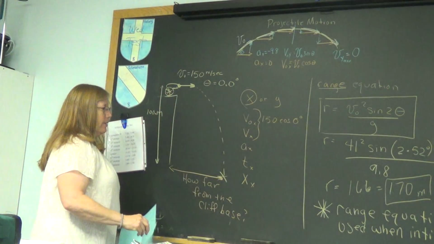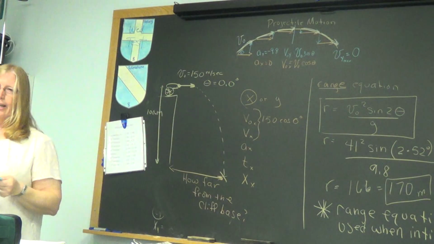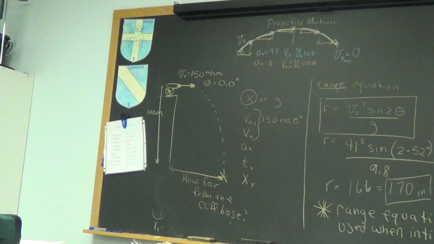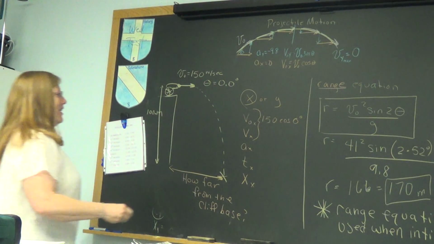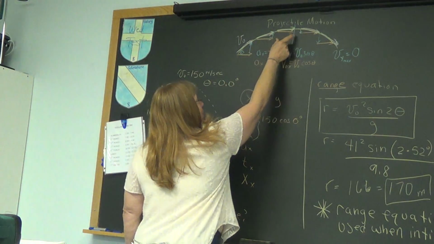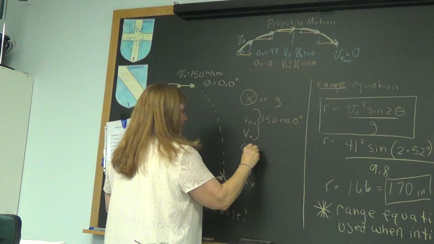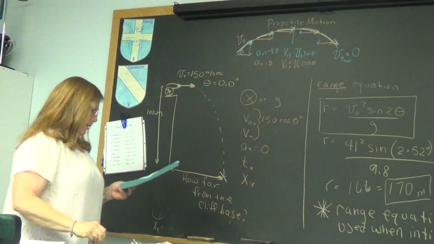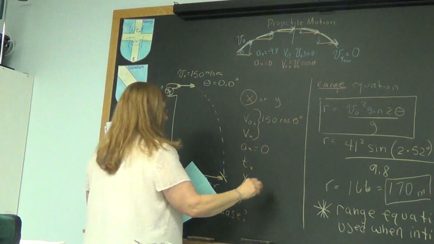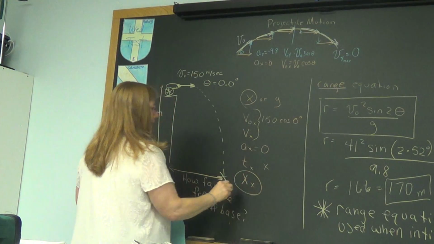So what's the acceleration in the x direction? It's always 0, because the velocity never changes. The time, do we know the time? We know nothing about the time, and we're looking for the range.